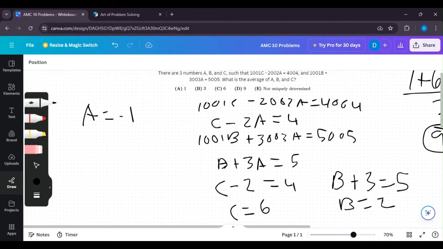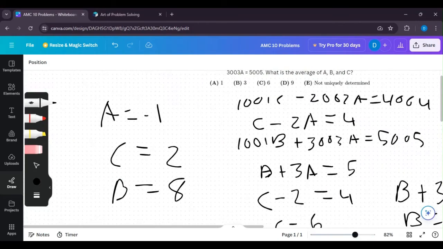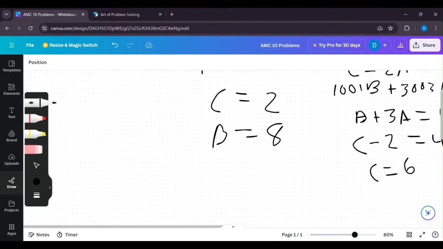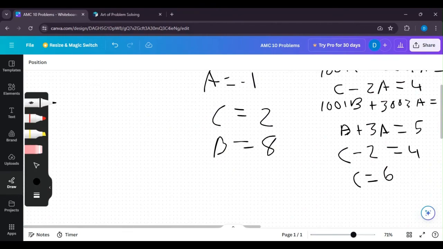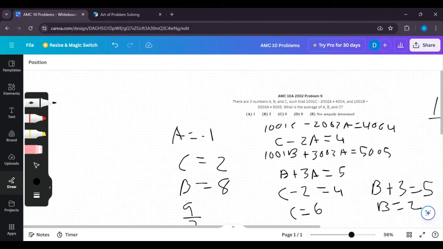If a is negative 1, then you could plug it in, and you'll find that c is 2. And b is 8. So again, a plus b plus c is equal to 9, and we divide by 3, which is 3.